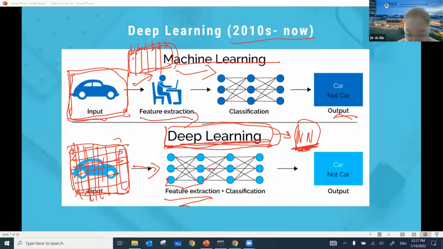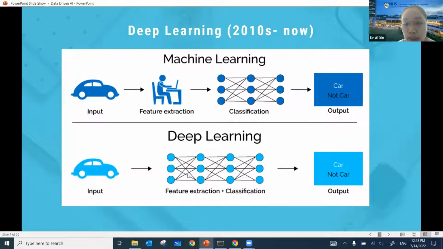Then they pass to the last few layers, which do the classification. Then the output will be whether there is a car or not in the picture. So that's the difference between traditional machine learning and deep learning. Deep learning combines feature extraction and classification in one shot.